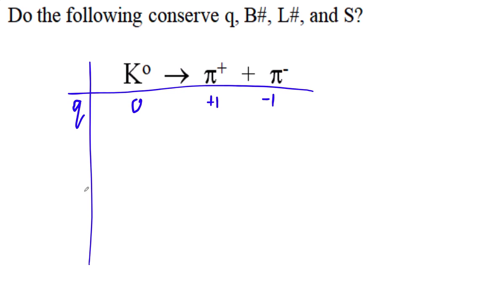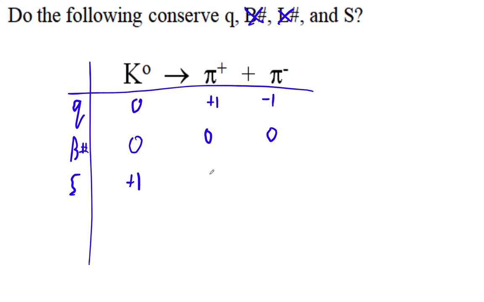Okay, let's do baryon number. The kaon is not a baryon, right? Pions are not baryons, and in fact, they're not leptons either, right? Okay, does it conserve strangeness? Let's take a look. A kaon is strange, and so it's +1. The K naught, okay, and then a pion is not strange.